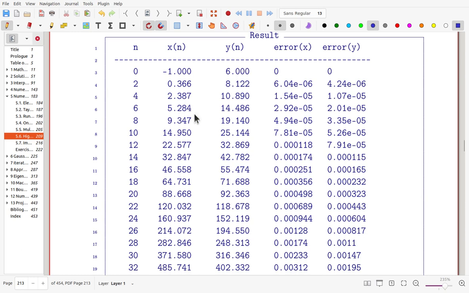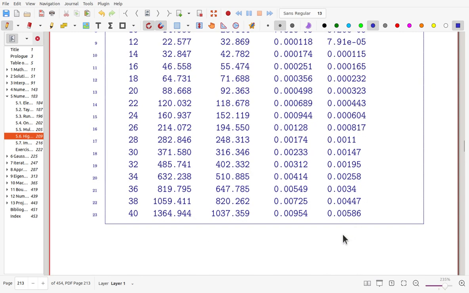Okay, in the beginning, the error is on the order of 10 to the minus 5, and later on, the x value and y value become larger than 1000, yet with about 30-digit accuracy, the error is about 2 or 3 digits. So we can say that in relative error it is still about 5-digit accuracy. So RK4 is quite accurate. Okay.